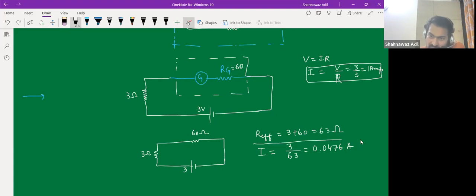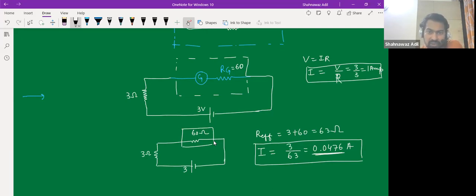So the current has reduced so much, but this was not the whole purpose. This galvanometer has affected the measurement, right, guys? Yes, sir. That is why we cannot directly use this galvanometer as a current measuring device. Clear?